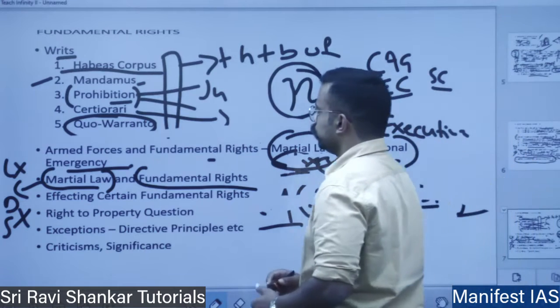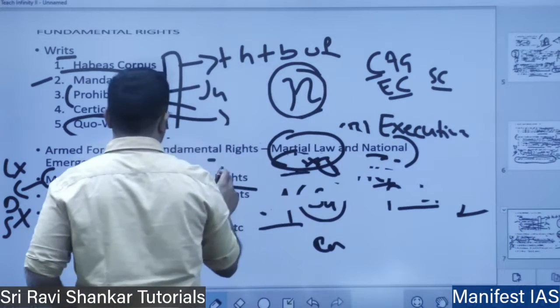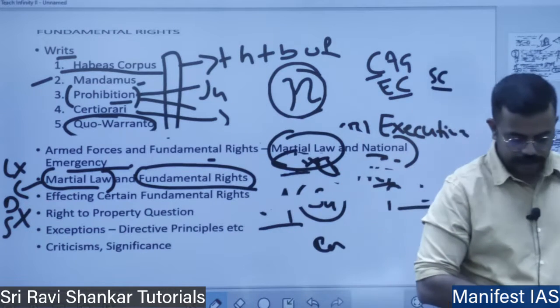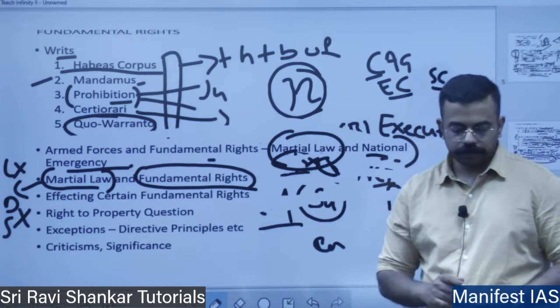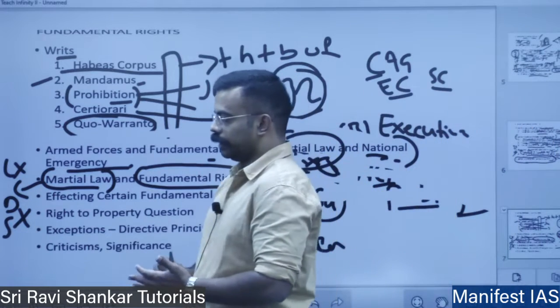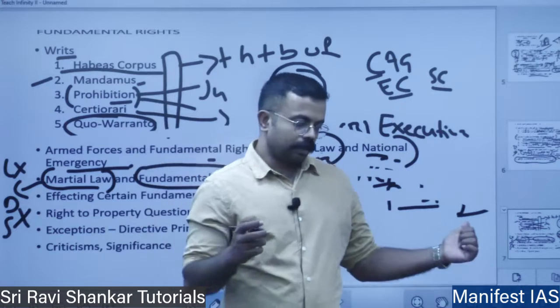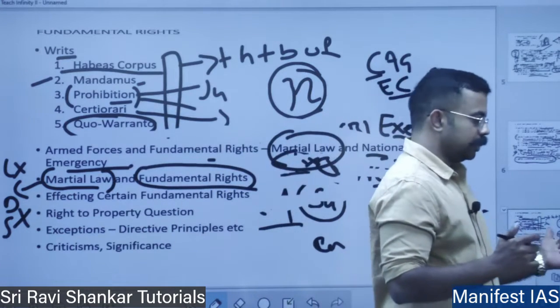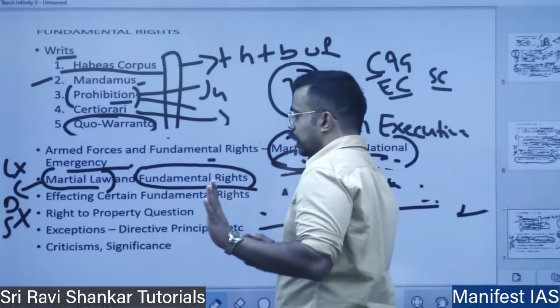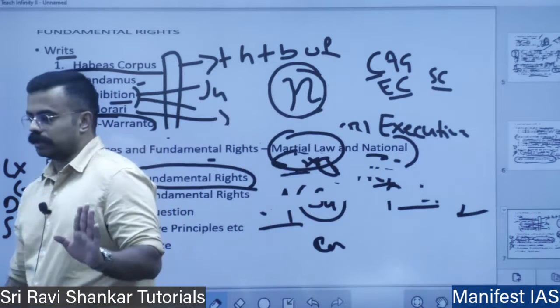Next comes martial law and fundamental rights. I said when martial law is imposed, fundamental rights are suspended. So when fundamental rights are suspended, the personnel of the armed forces, whatever they do, are not liable for prosecution.